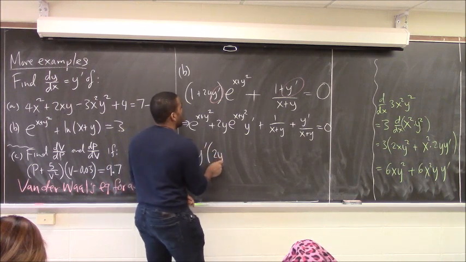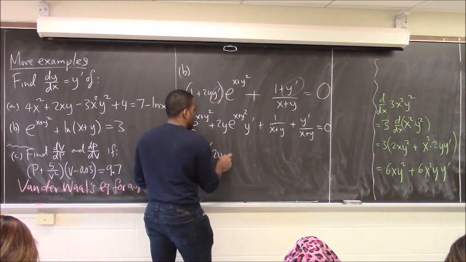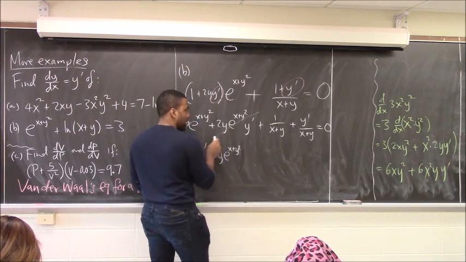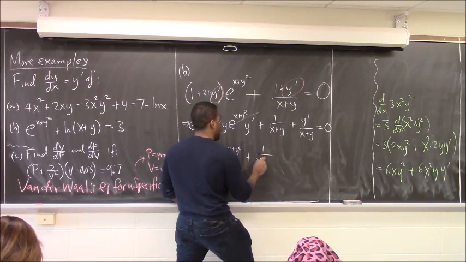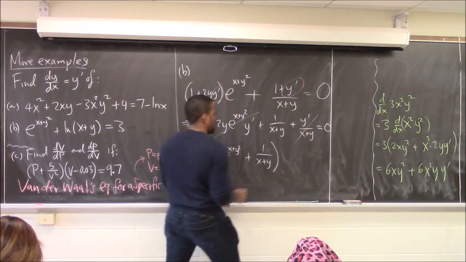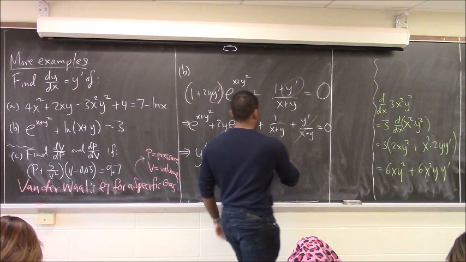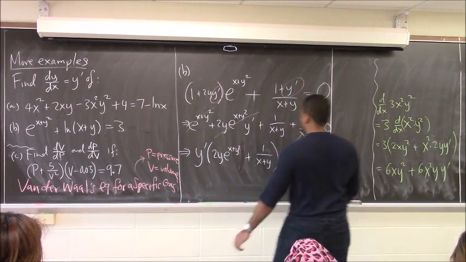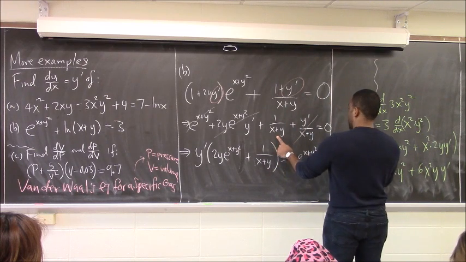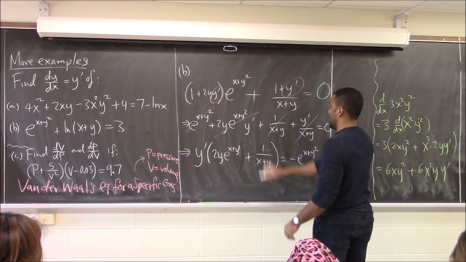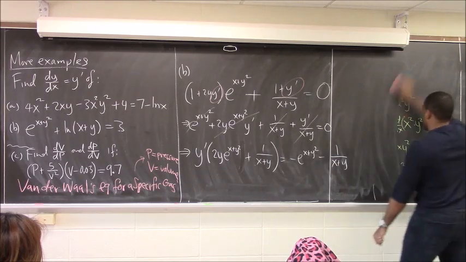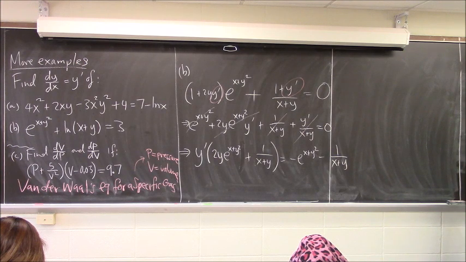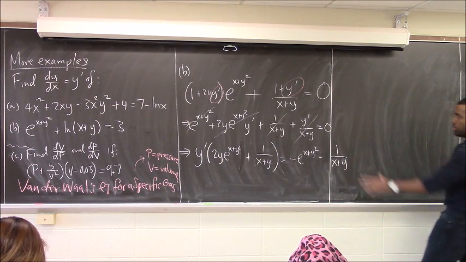That'll be 2y e to the x plus y squared, which gets rid of that term, plus 1 over x plus y, which gets rid of that term. These other two terms we move over, so this is minus e to the x plus y squared, which gets rid of that term, minus 1 over x plus y, which gets rid of that term. We've accounted for everybody. And so now the y prime is just going to be this divided by that.